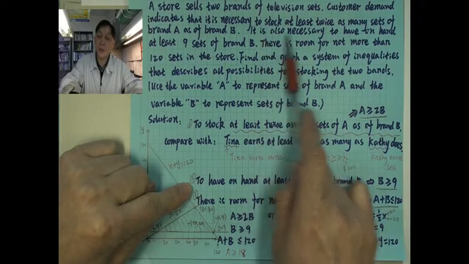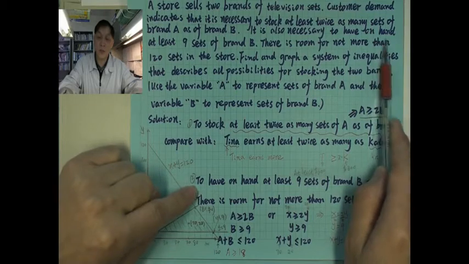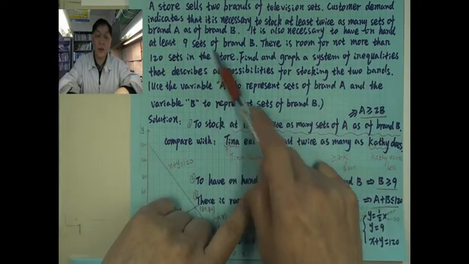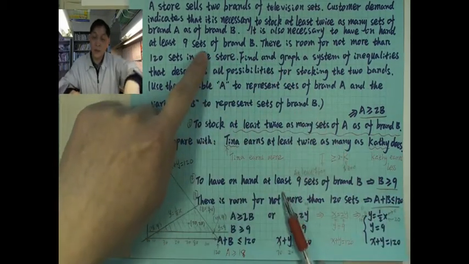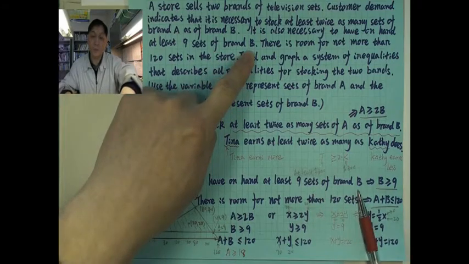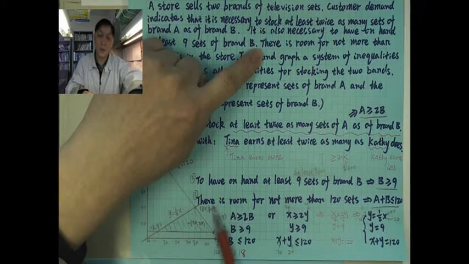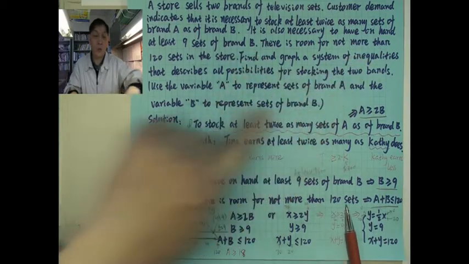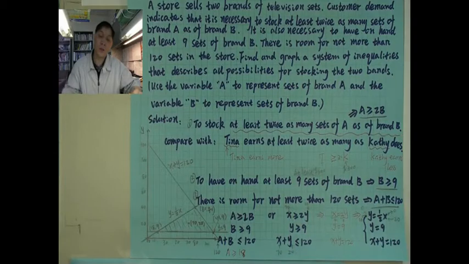It is also necessary to have on hand at least 9 sets of brand B. And then the third sentence we put right here. There is room for not more than 120 sets in store. So we have 3 sentences.